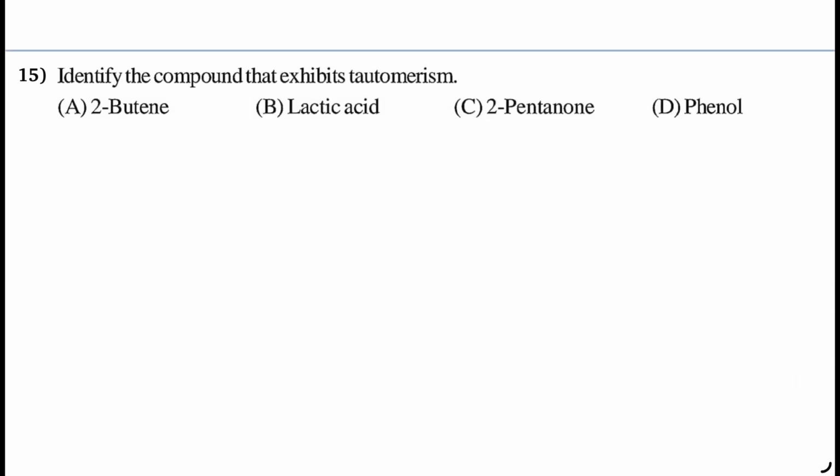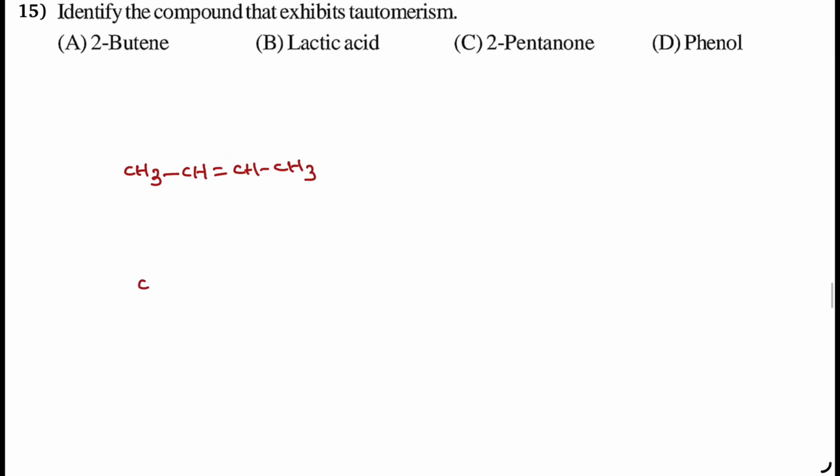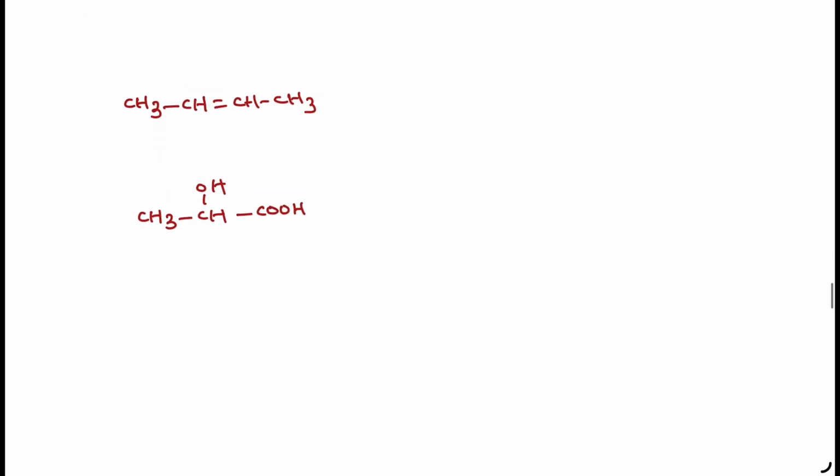Next one, identify the compound that shows tautomerism. Tautomerism requires that an enolizable hydrogen should be present. So here there is no enolizable hydrogen. Lactic acid, 2-hydroxypropanoic acid, has no enolizable hydrogen.